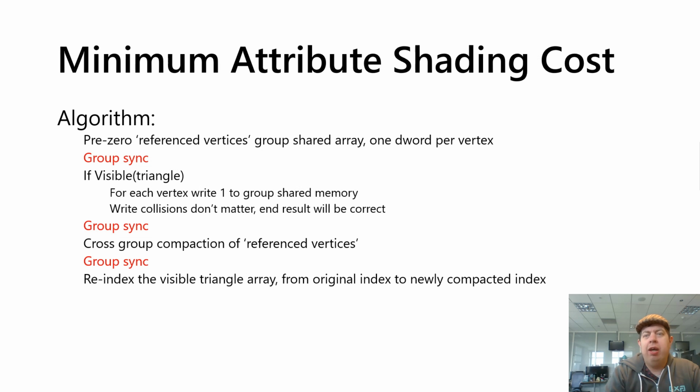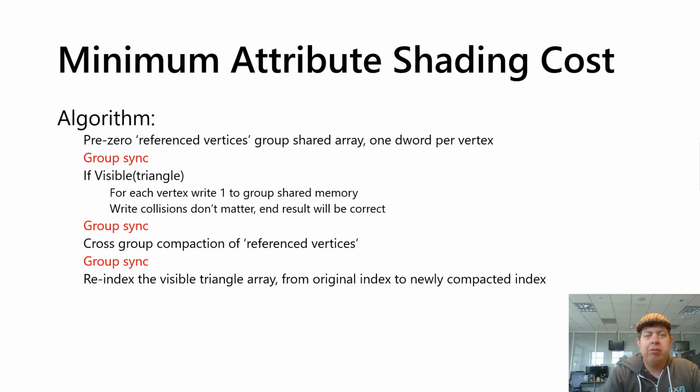For that, we need compaction if we wanted the minimum attribute shading cost. The algorithm for this is fairly nasty, in fact, but relatively simple to implement. We have a group shared array, say 1 dword per vertex, to say whether it's referenced or not after culling. We have to pre-zero that array ourselves. And for every visible triangle, we write a 1 into the array for each vertex.